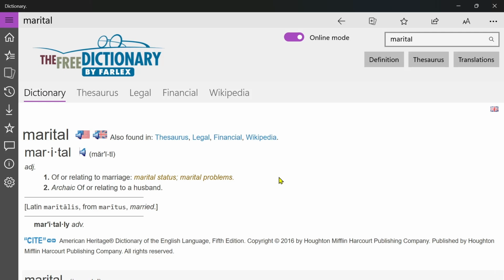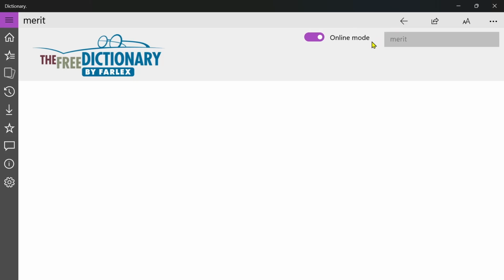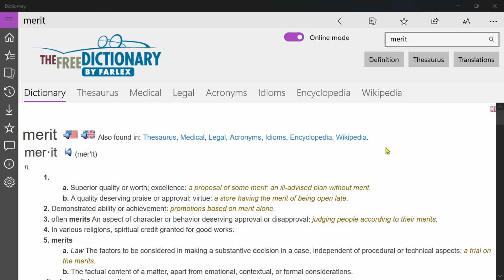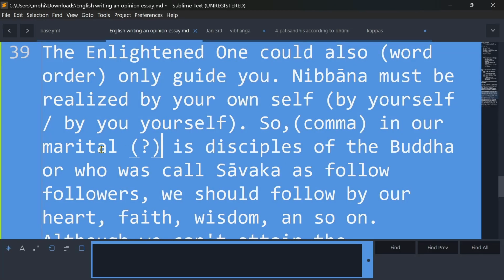Marriage, the union of a man and a woman, a husband and a wife. To get married, you know, to get married. So the noun is marriage. Not punya. Punya is merit.